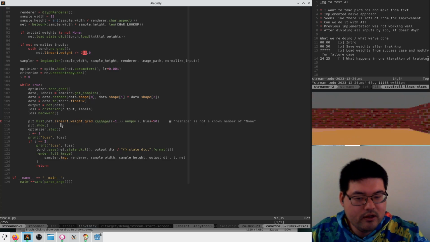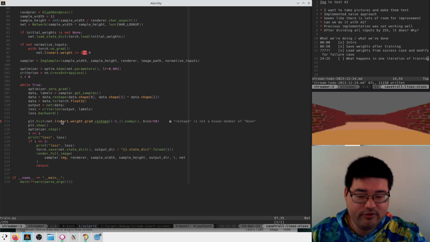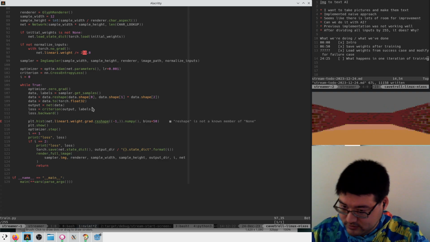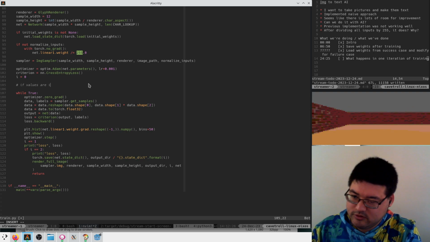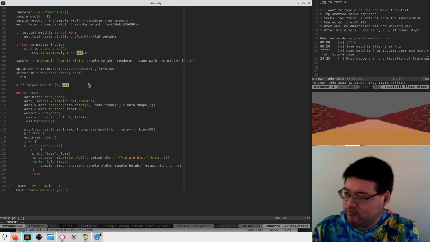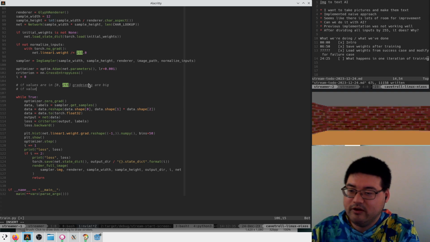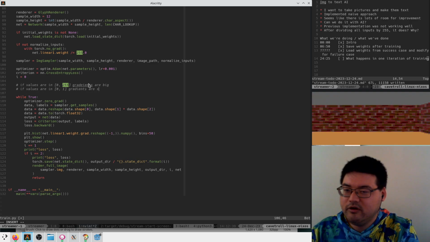They're saying that changing the parameters has a larger impact on the output if the inputs are non-normalized. Is that correct? If values are in 0 to 255, gradients are big. If values are in 0 to 1, gradients are small.